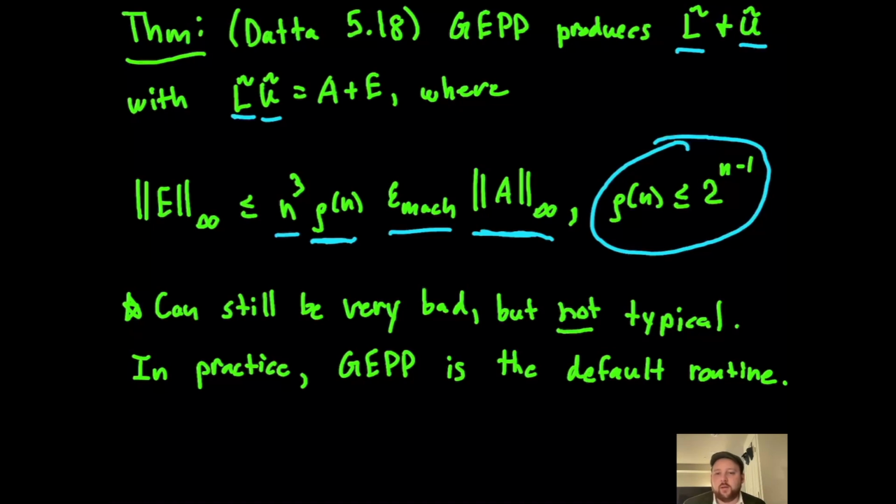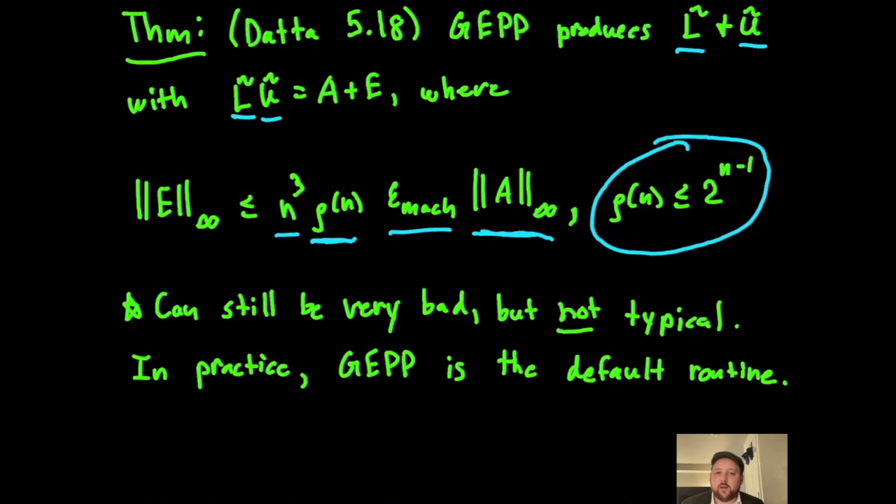There are a few analytic examples you could come up with where you do achieve this upper bound for the growth factor, but these are contrived examples that are very rare. So in practice, you would say that Gaussian elimination with partial pivoting is stable because of this result I just showed you.